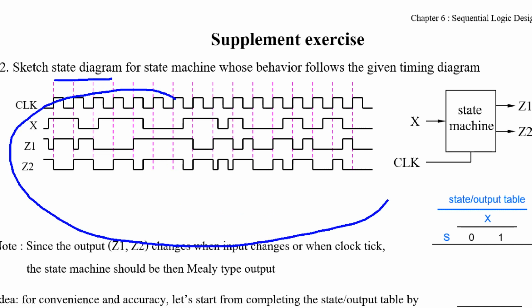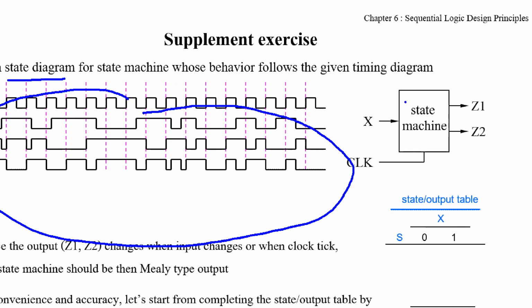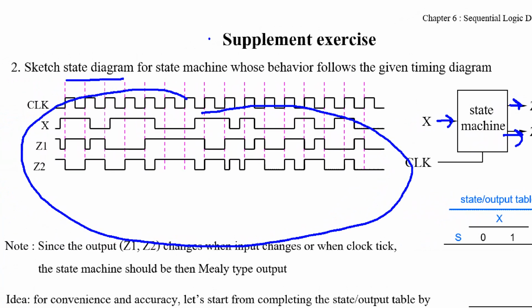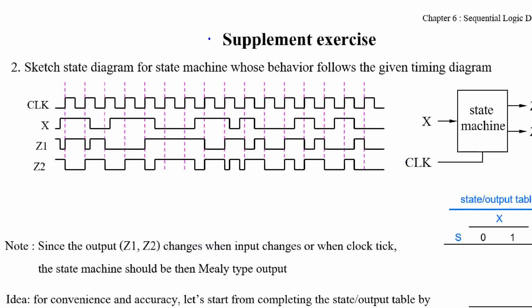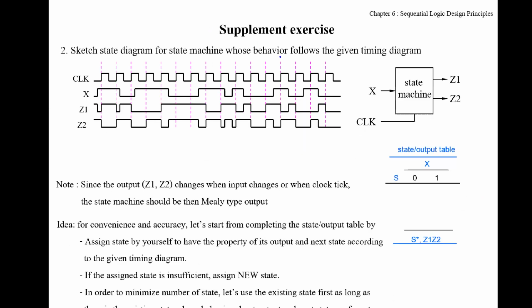This one gives a timing diagram with input x and outputs z1 and z2, right? For this kind of problem, you must find the complete state output table first. It's easier than finding the state diagram directly.